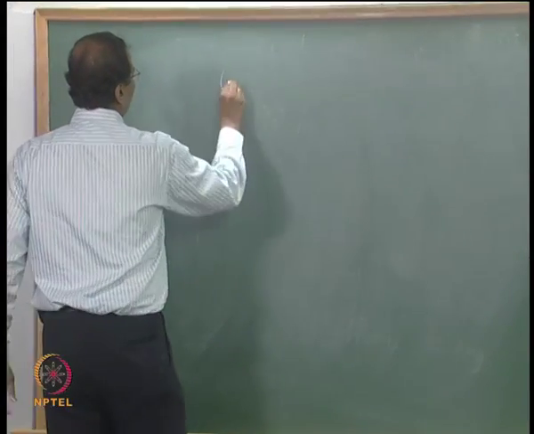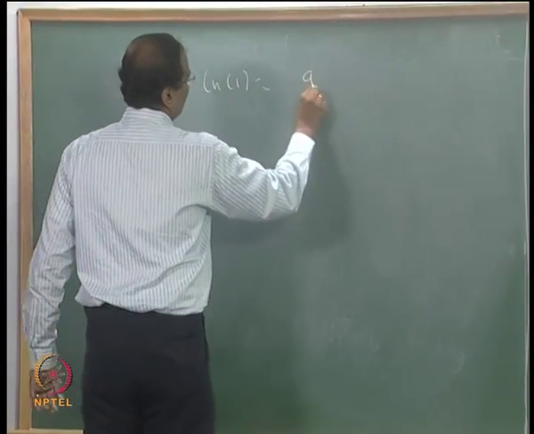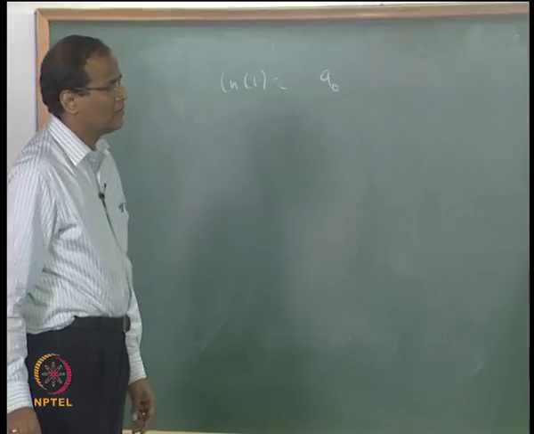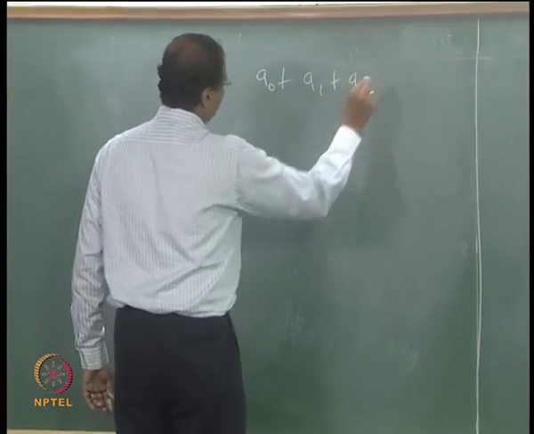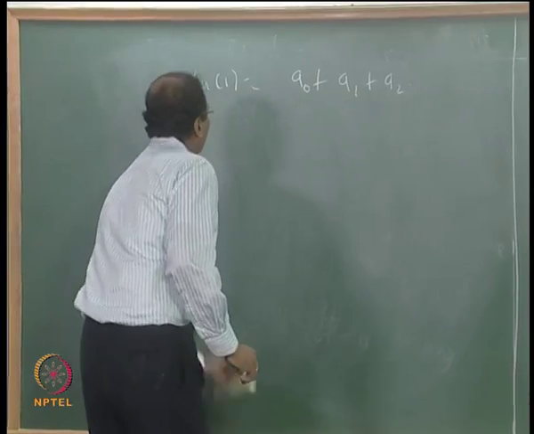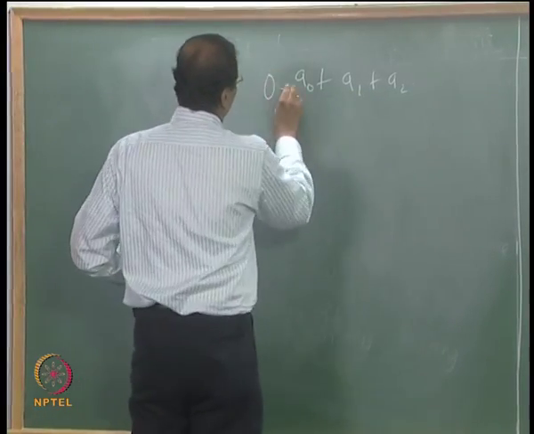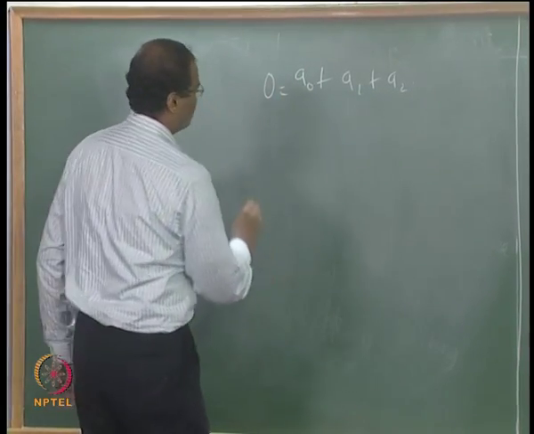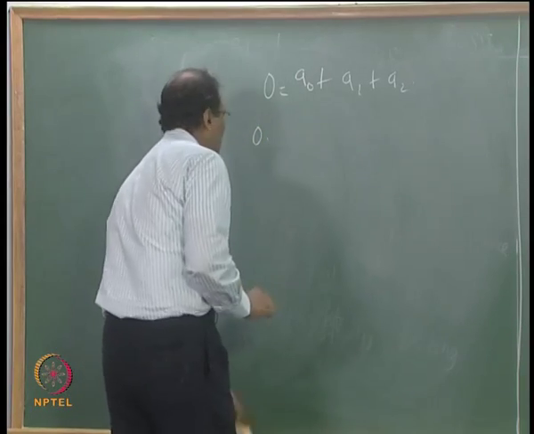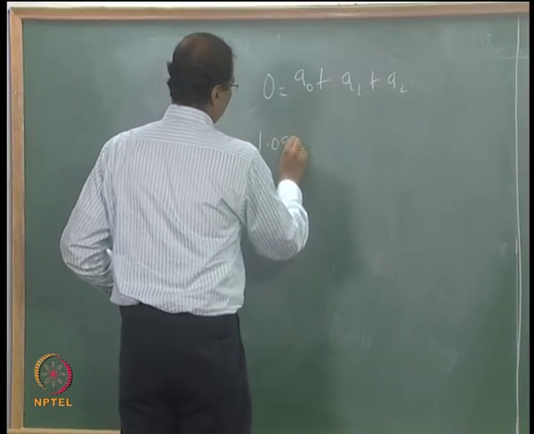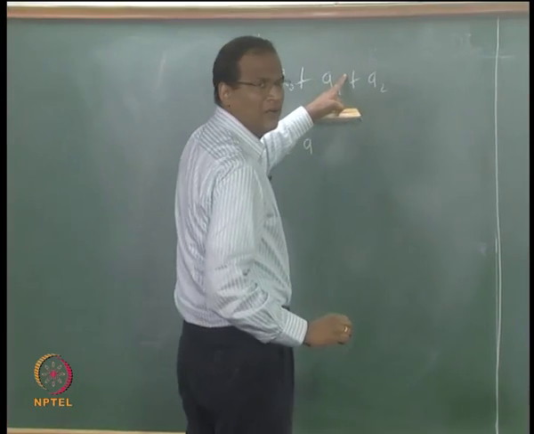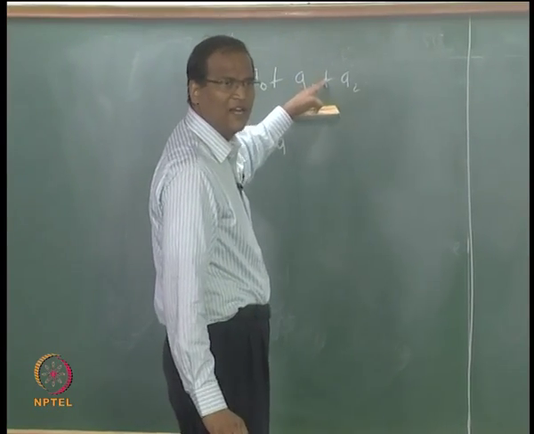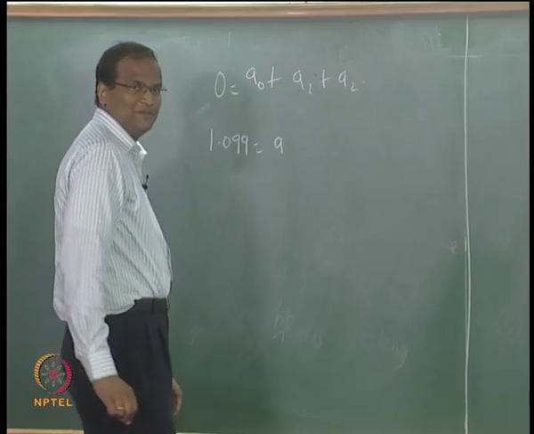Okay. 1.099, right? So x is 1, right? Is correct, right? Yeah. That's it.